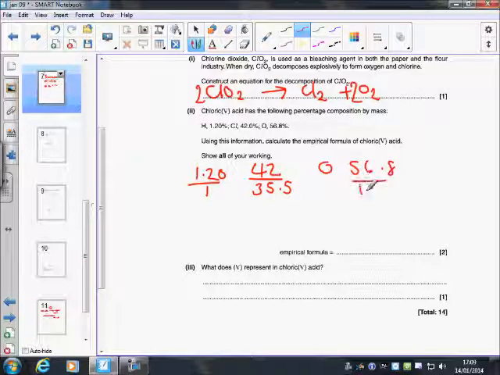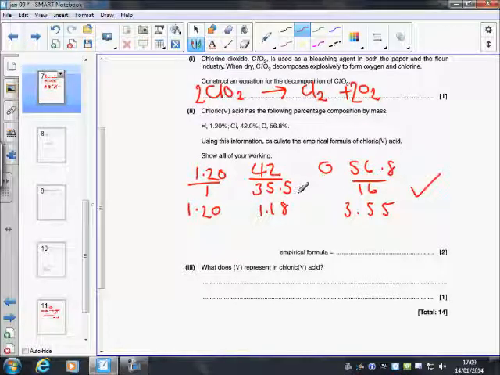56.8 over 16. Now you do the math for that, you get 1.20, 1.18 and 3.55. So you'd get 1 mark for just doing that little bit there.